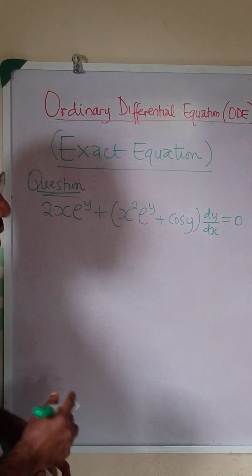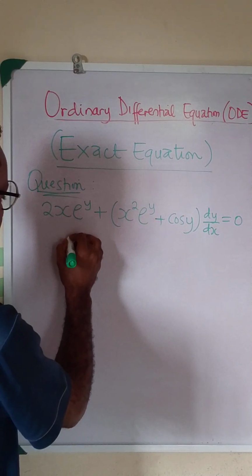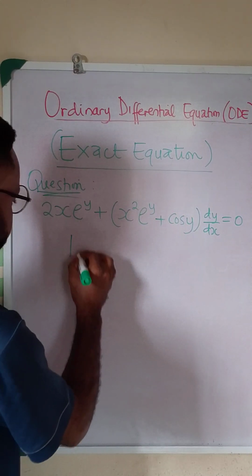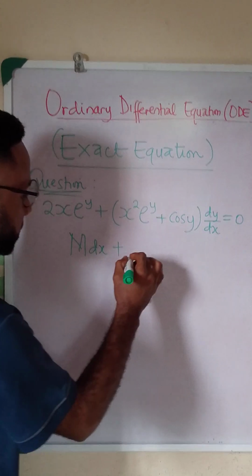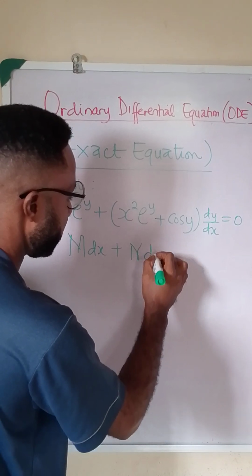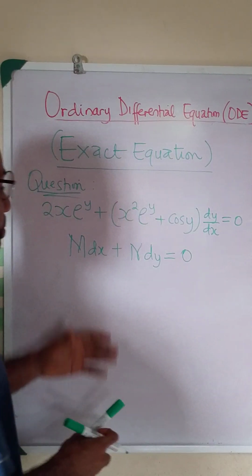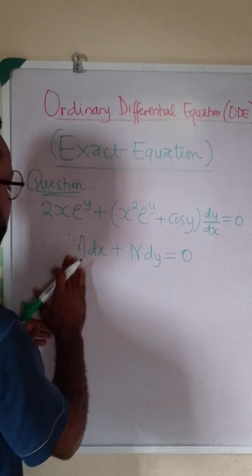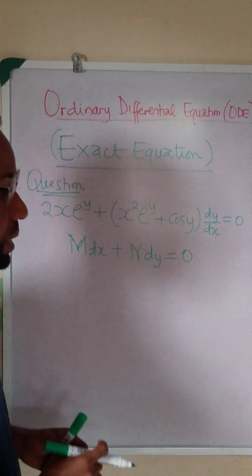And how do you know it is an exact equation? An exact equation is of the form M dx plus N dy equal to 0. This is a very important formula you have to take note of when you are looking at an exact equation.